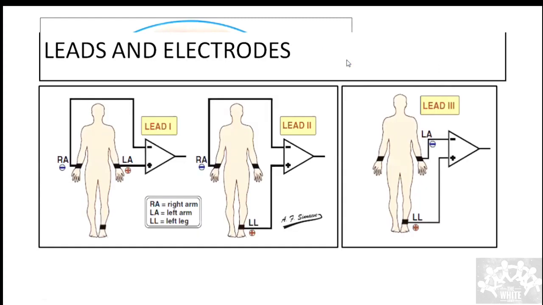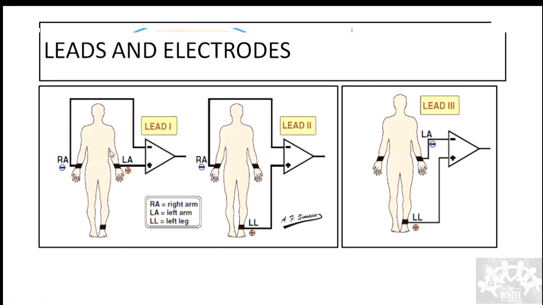So whenever we measure the potential difference between two points, a deflection is going to come. We remember Ohm's law, V is equal to IR: current flowing, there is resistance and there is potential difference. So left arm and right arm is represented by lead 1.